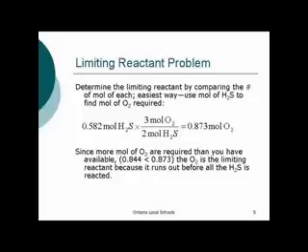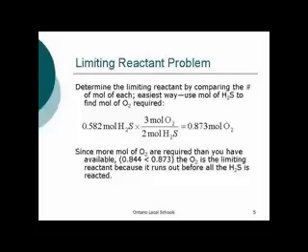So I do that, 0.582 moles of H2S times the mole ratio of 3 moles of O2 over 2 moles of H2S. I find that I need 0.873 moles of O2 to completely react the 0.582 moles of H2S. And when I look at my BCA table, I only have 0.844 moles of O2 available, so I don't have enough O2 to completely react the H2S.